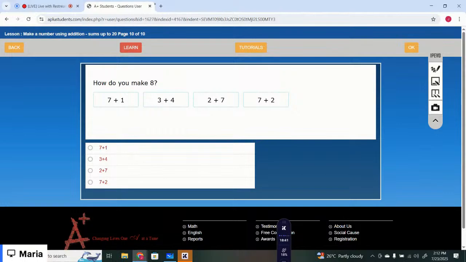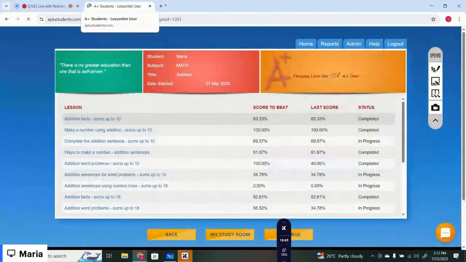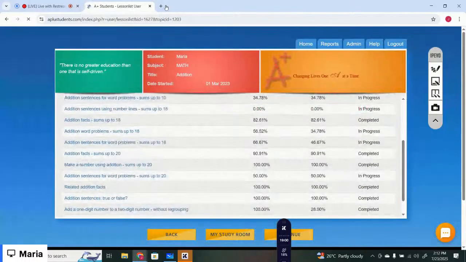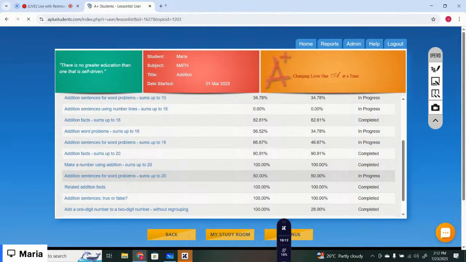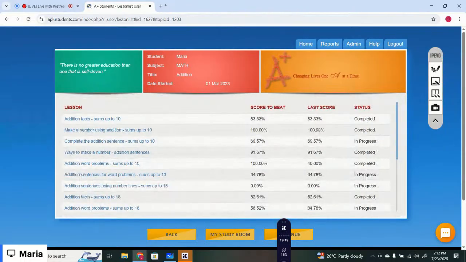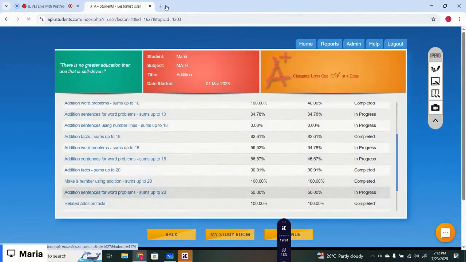The next lesson is addition sentences for word problems sums up to 20.